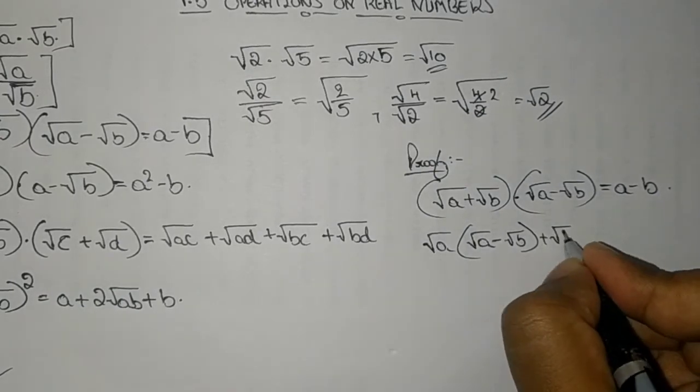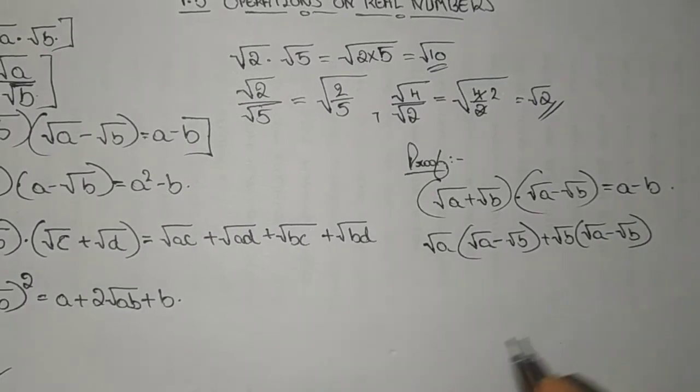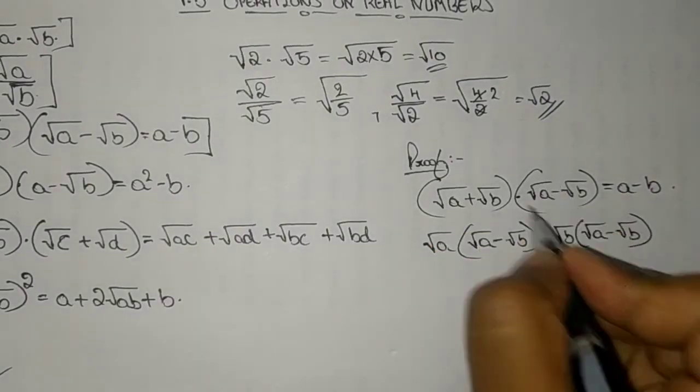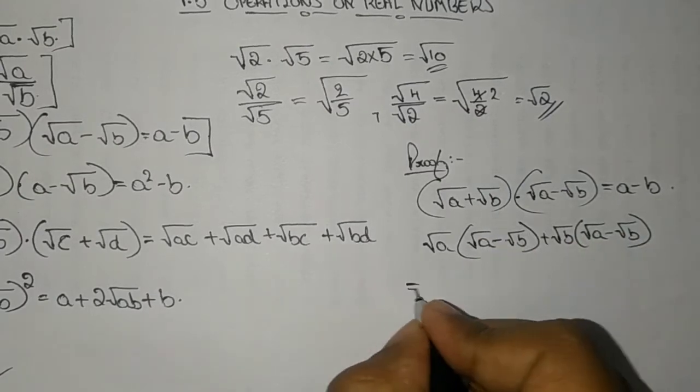Next, root b into root a minus root b. I multiply this with this all and this with this all. I hope you know this.